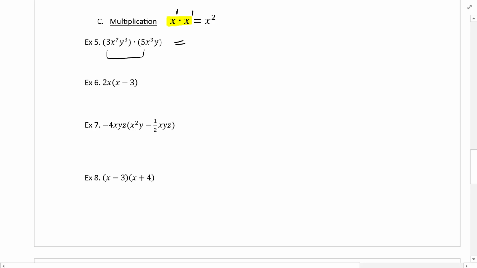So 3 times 5 is 15. Then we have x to the 7 times x to the third. We copy the base and we add the exponents, 7 plus 3. And then we copy the base and we add the exponents, 3 plus 1, because here is 1. So then we get 15 x to the 10 y to the 4.